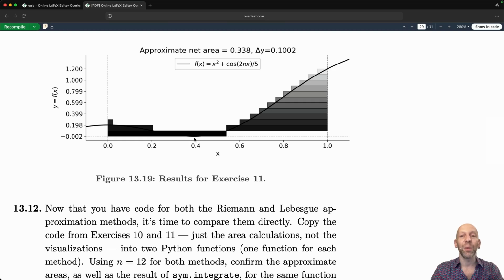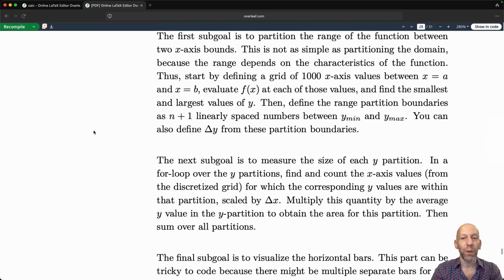That will allow you to identify the range of the function. And based on that range, so it dips a little bit below 0, and then it goes up to whatever this is, 1.2 or something, then you can discretize into 12 partitions.